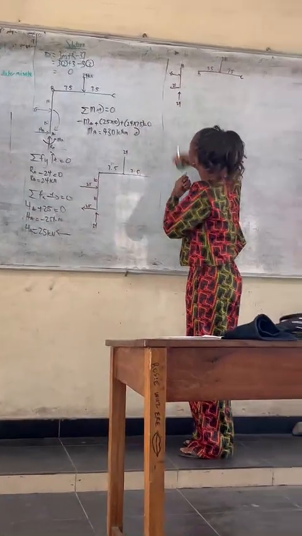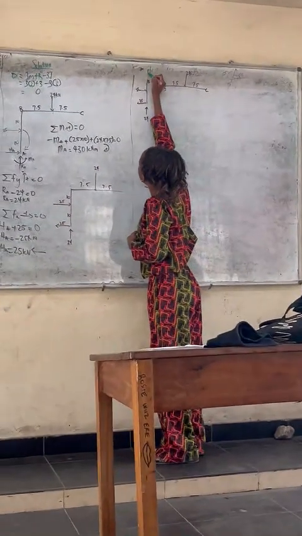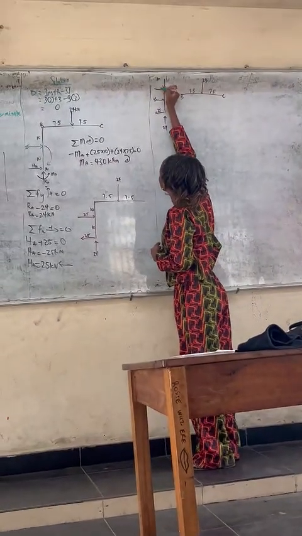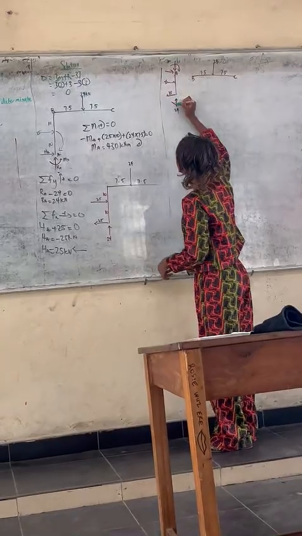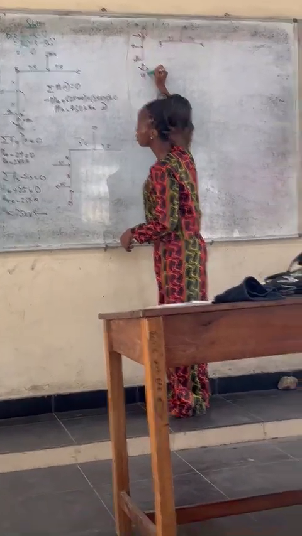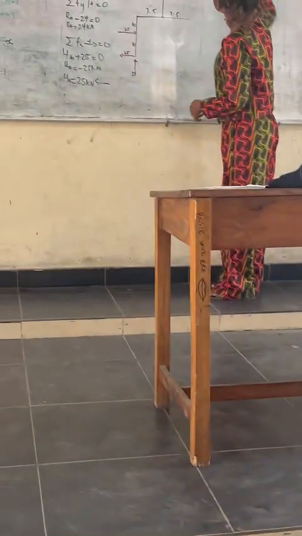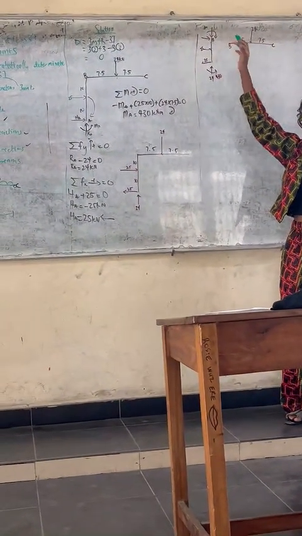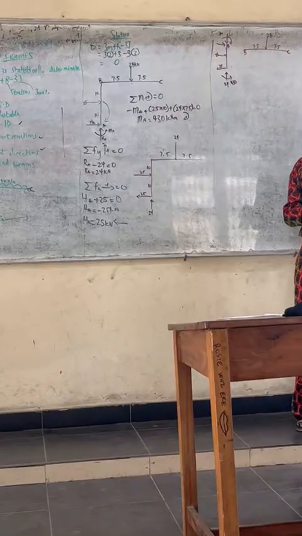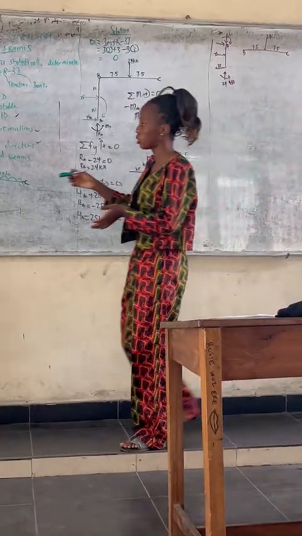Now, at this point, the three forces are going to act. There is a moment here. Three forces are going to act. It's the joint. But we don't know what's happening at this joint.